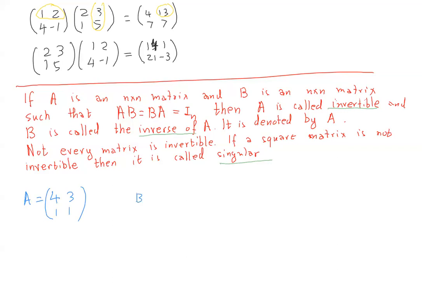So A to the negative 1 will be, is it 1, negative 1, and then you're saying negative 3 and 4.